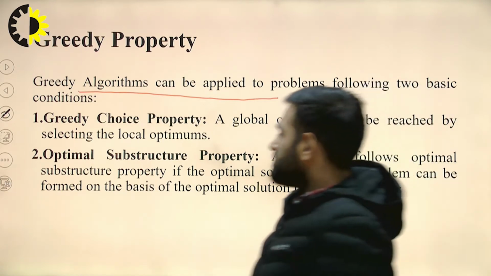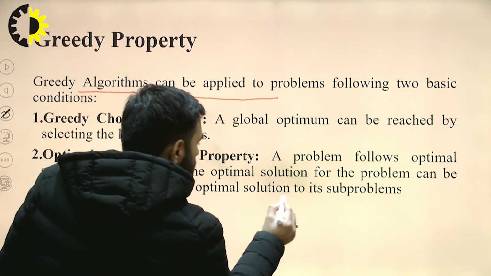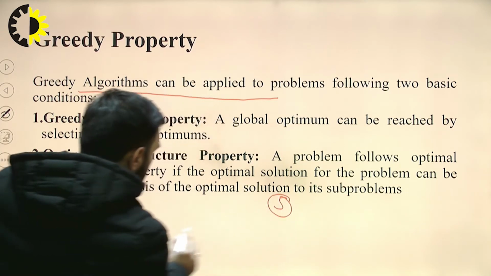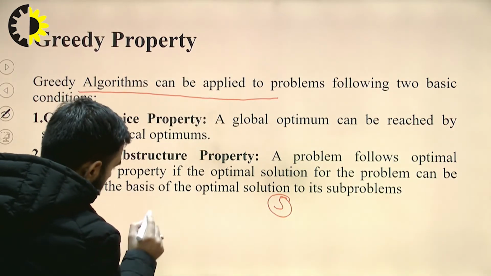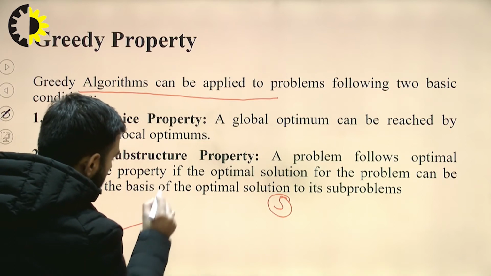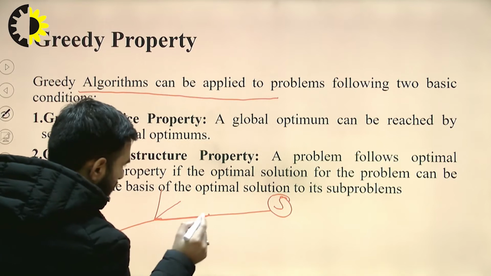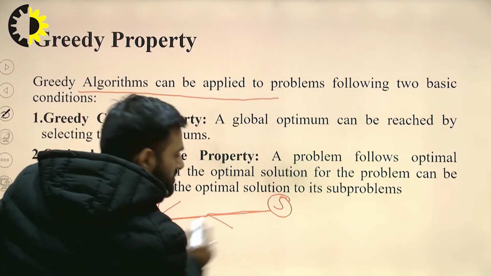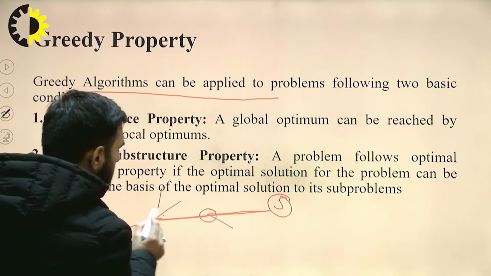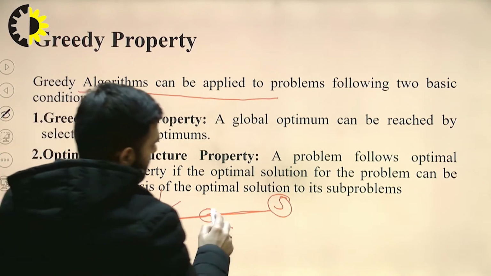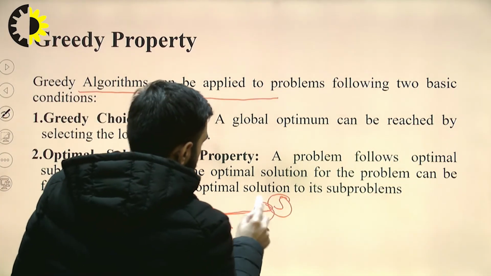To reach a particular solution, we have to select locally optimal choices. Suppose this is the path. We have selected this one. Now from here we have this one, but we have selected this one. These are the local optimums, in the hope that we will get the global optimum.